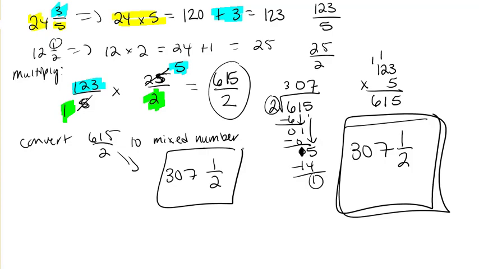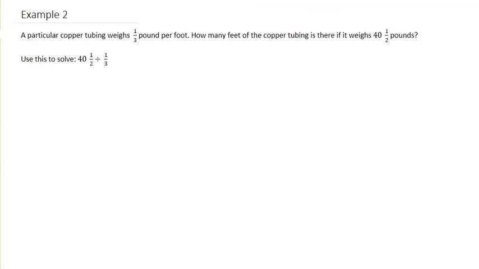Let's go ahead and do another example. Example 2. A particular copper tubing weighs 1/3 pound per foot. How many feet of copper tubing is there if there's 40.5 pounds? To solve, we will take 40.5 divided by 1/3.